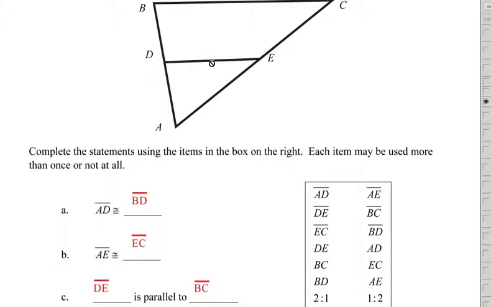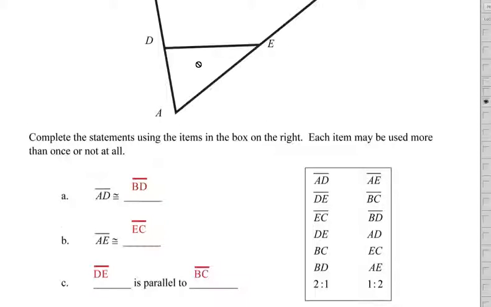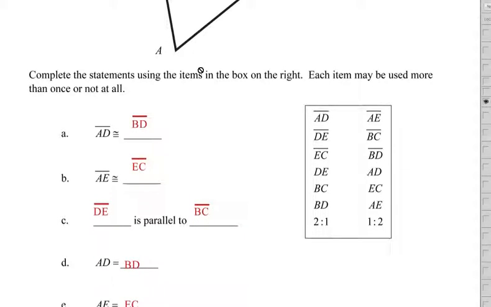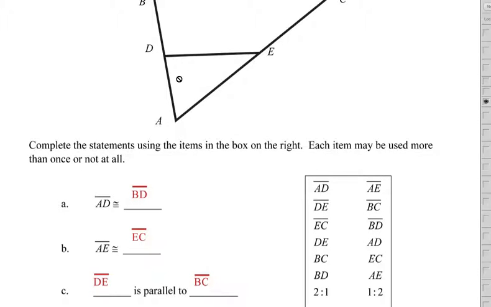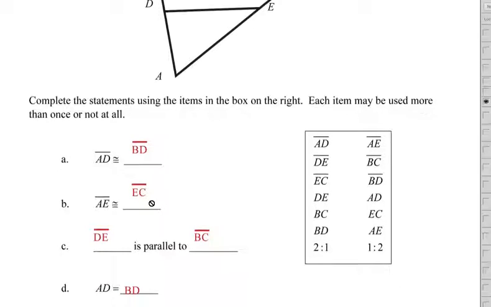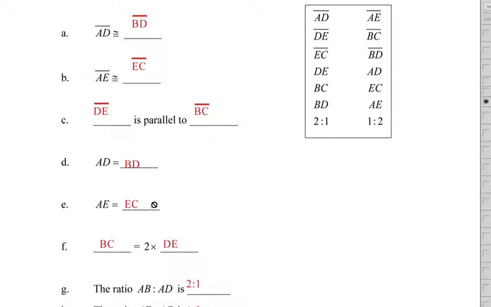Then we said DE and BC are parallel. Okay, you can see. Okay, then it's going to ask you something else like AD, BD are congruent, right? And this is one way to write it. They're congruent. But this way is okay. See right here? There's no bar above it. So there's no bar here. Okay?